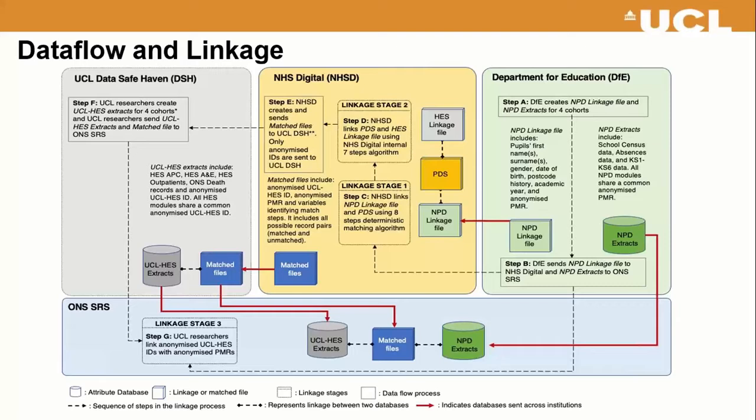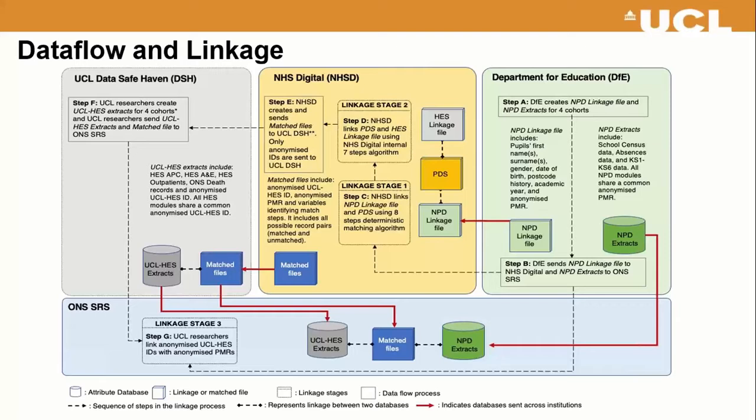To link the National Pupil Database and PDS, we rely on a deterministic linkage algorithm that used 8 steps. I will describe this in a little more detail later. So that was the first stage.